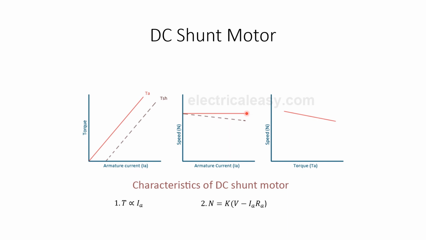It is constant. This dotted line represents some drop. After the drop, the curve will be like this. After comparing these two characteristics, we can go for the speed and torque curve.